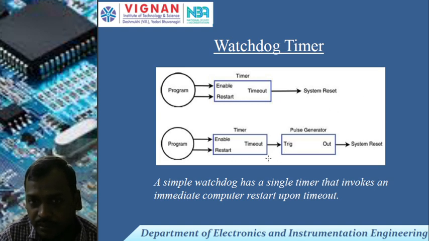Here you can take multiple applications, or you can take the timer. It performs the system reset. With the help of a pulse generator, whenever a positive trigger comes, the system will reset. Otherwise the system performs its actual operation. So here is a simple watchdog with a single timer that invokes an immediate computer restart upon timeout.